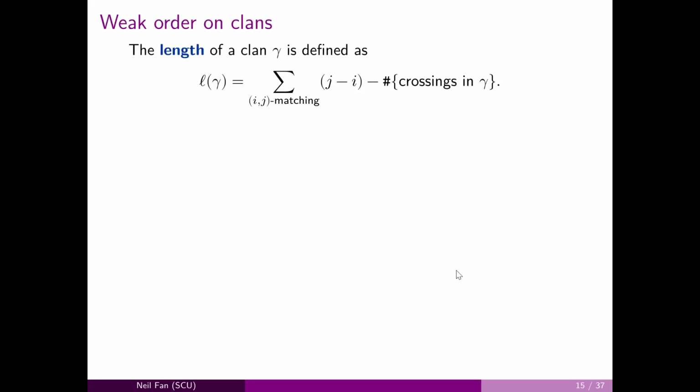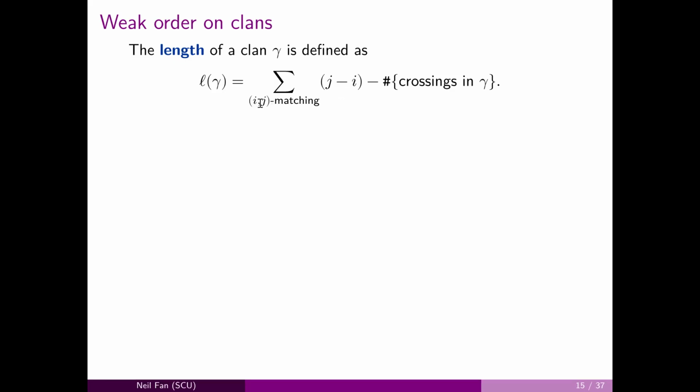We first need to recall the length of a clan. It is essentially the dimension of the orbit closure Y gamma, but it admits a combinatorial description.